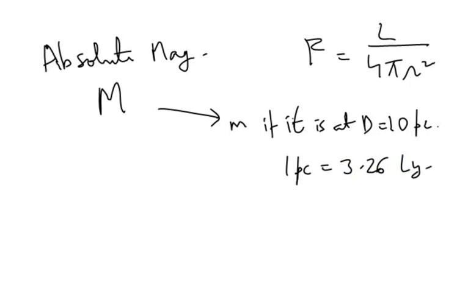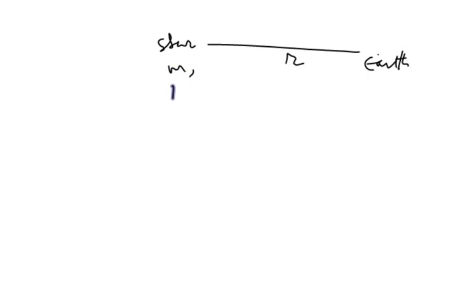Okay, so how do things change because of this? Now again, as before, let us consider a star at distance r from us, where we are at Earth, and this star has an apparent magnitude small m, intrinsic brightness or luminosity capital L, and also radiant flux F1.